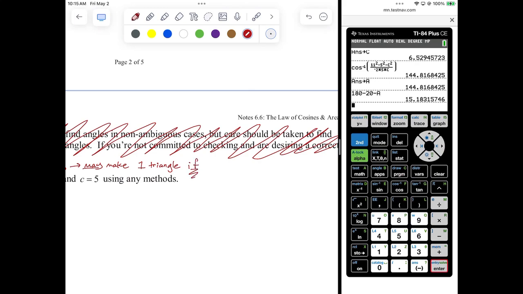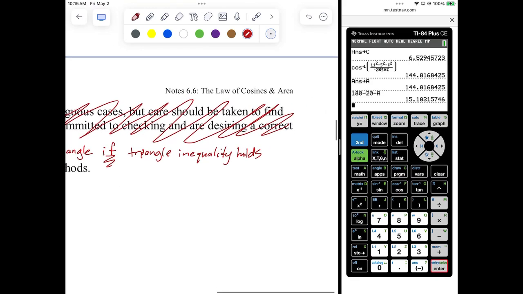Here's the big if: the triangle inequality holds. So let me review what the triangle inequality is. The triangle inequality basically says the sum of any 2 sides of a triangle has to be strictly larger than the third. So A plus B has to be greater than C, A plus C has to be greater than B, and B plus C has to be greater than A.